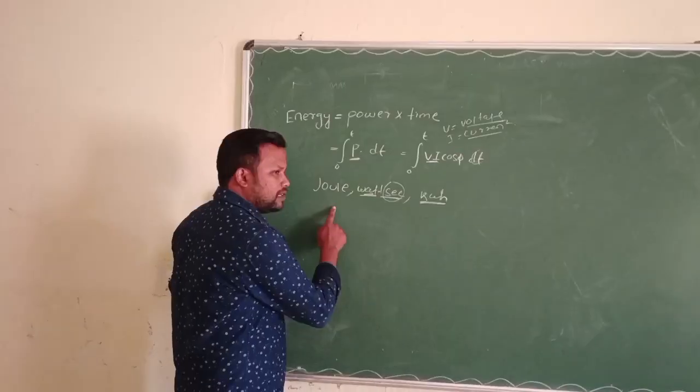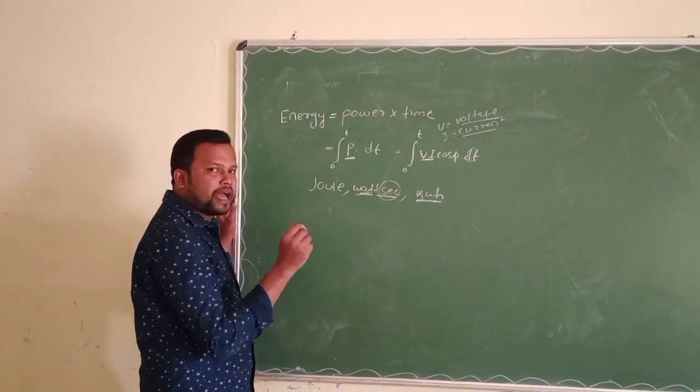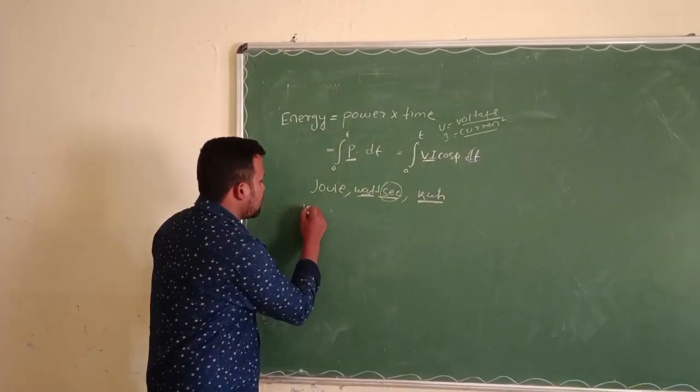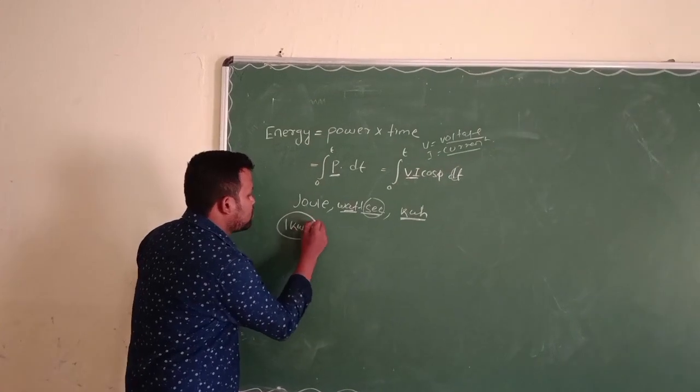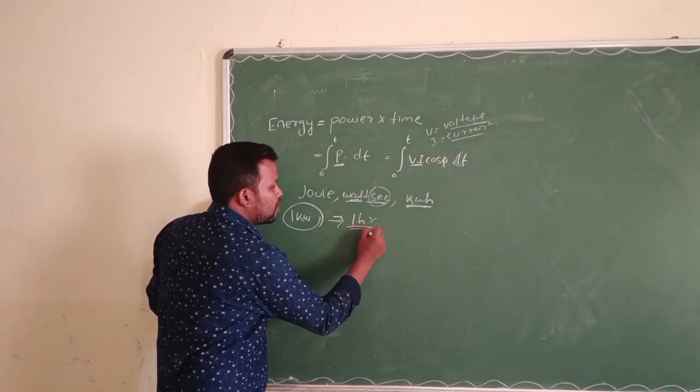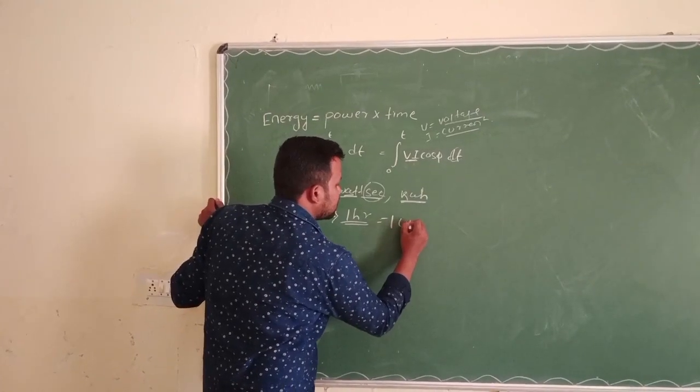If we consume 1 kilowatt of power in 1 hour, then it is called 1 unit.